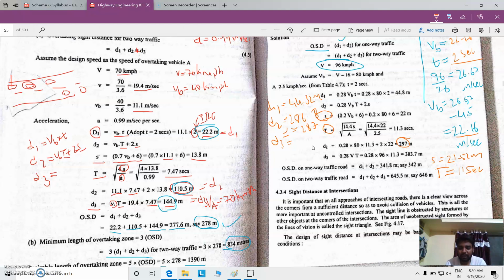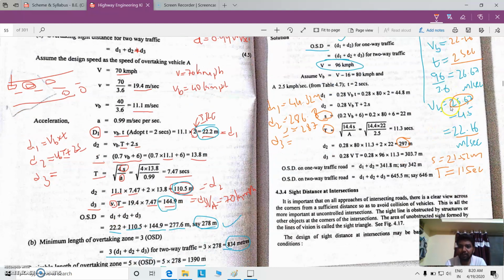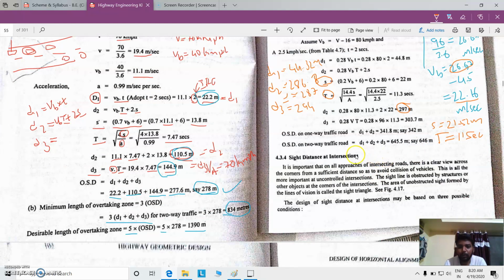And d3 is v into t, where the speed of the vehicle v is 26.67 and t is 11 seconds, so that gives 293 point something, around 294 as d3. The total overtaking sight distance will be 294 plus 287 plus 45, which gives 626 meters for two-way traffic.